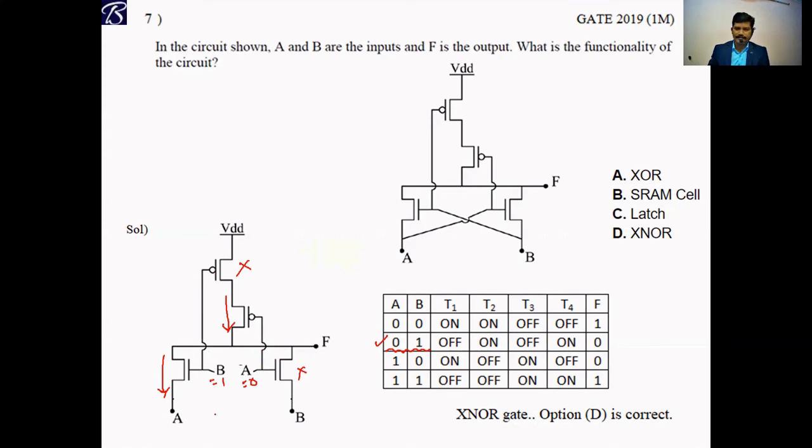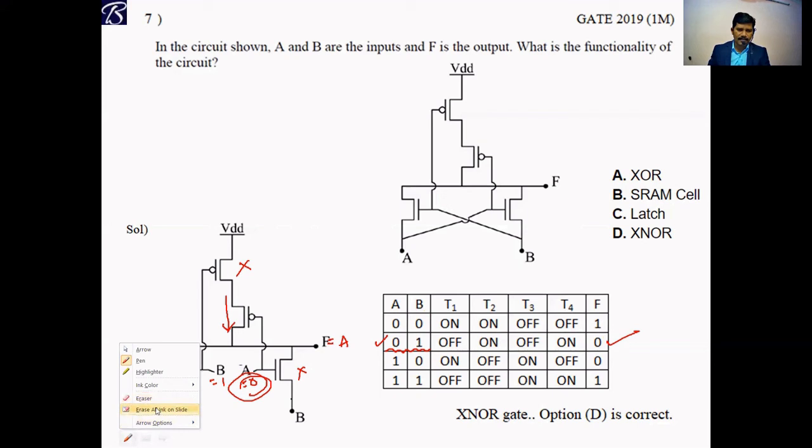Actually, ground should be there. But in this problem, he has given A. So if it is ground, F should be 0. If it is A, then F equal to A. That means whenever A equal to 0 and B equal to 1, output is A. A is what here? This is 0. So that's why I have written 0 here. This is the second case.